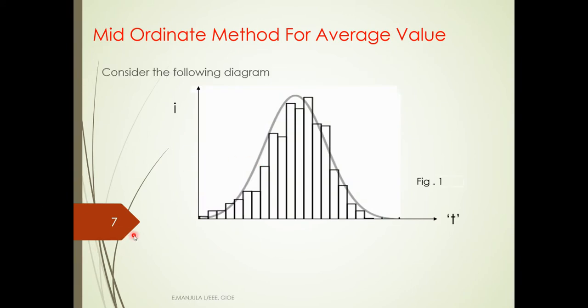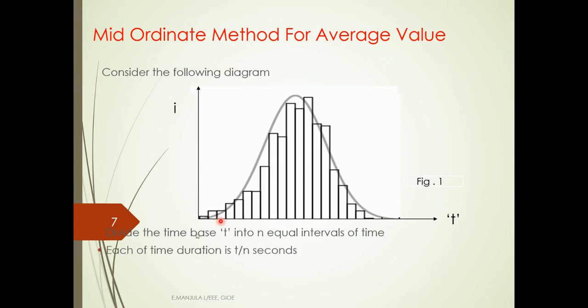Say this is a half alternating quantity, the positive half wave. Here we divide the wave, in time base T, into N equal intervals of time, and each time period is T by N seconds.